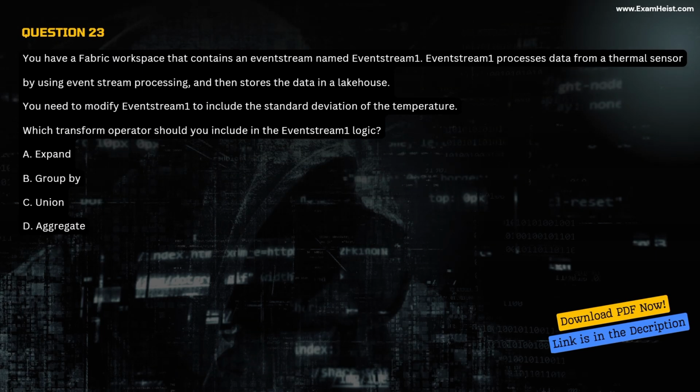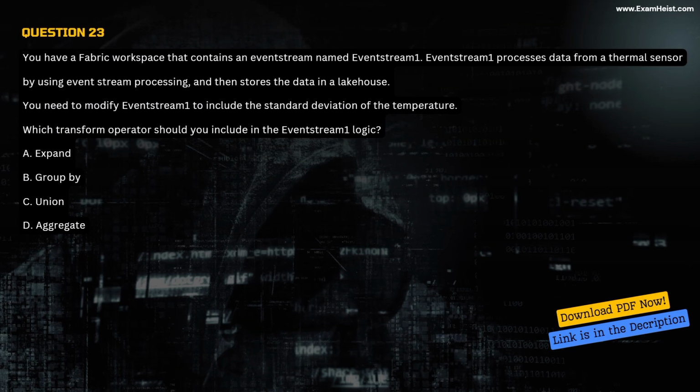Question 23. You have a Fabric workspace that contains an event stream named Event Stream 1. Event Stream 1 processes data from a thermal sensor by using event stream processing, and then stores the data in a lakehouse. You need to modify Event Stream 1 to include the standard deviation of the temperature. Which transform operator should you include in the Event Stream 1 logic?